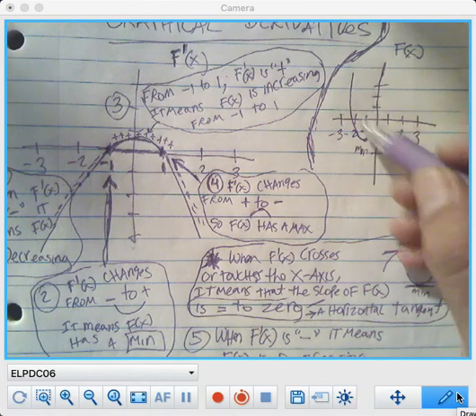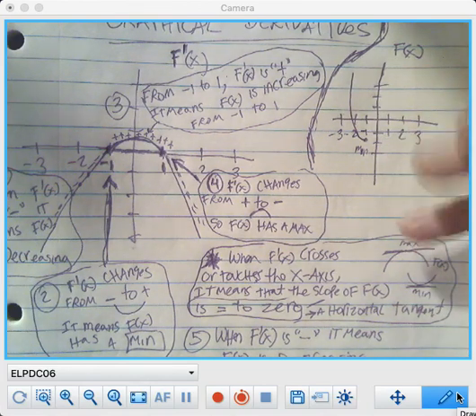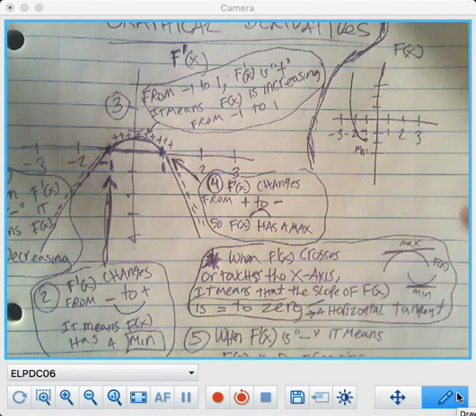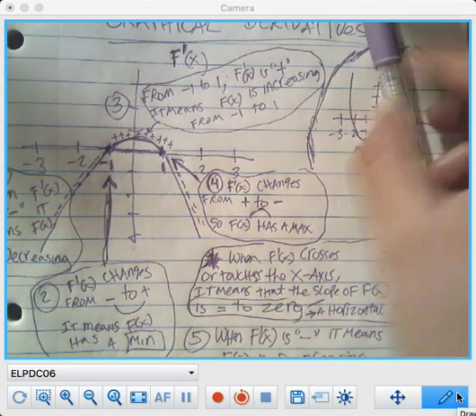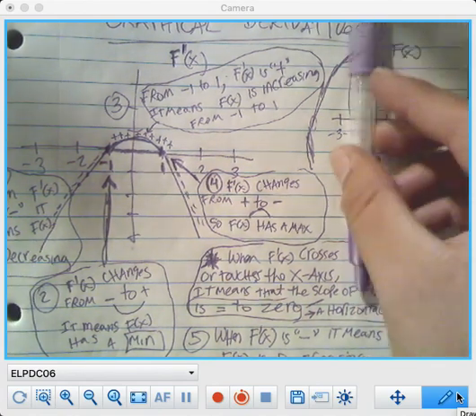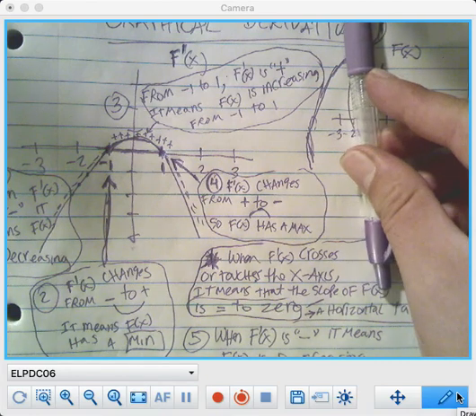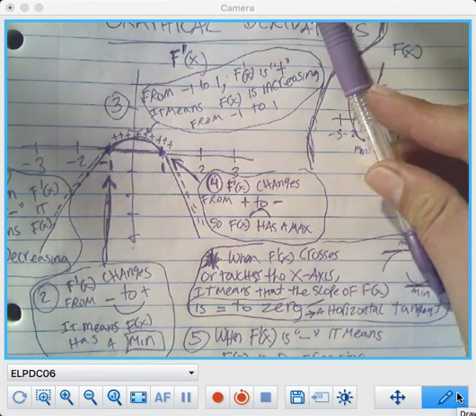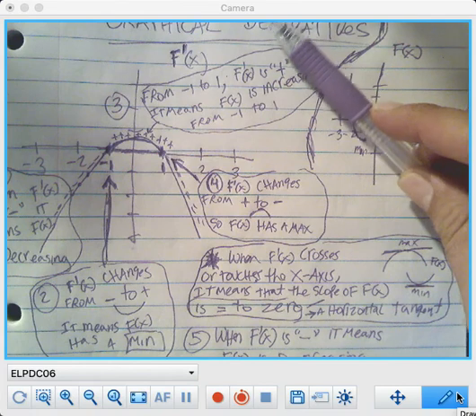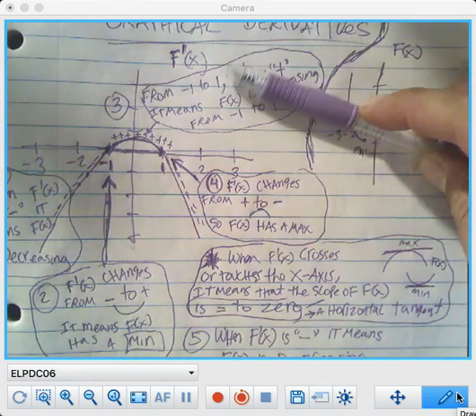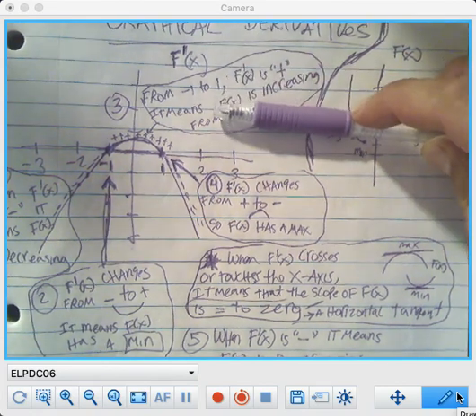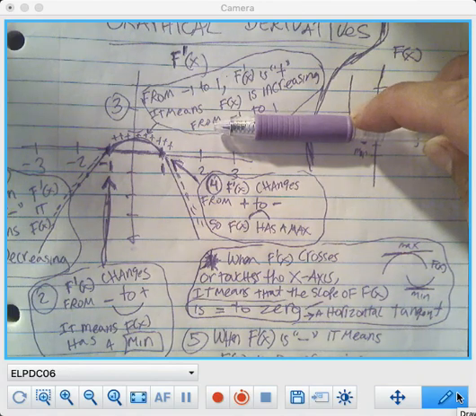This is your function, so what we're actually looking at is the slope. The slope of the line is negative, negative, negative, and then 0.